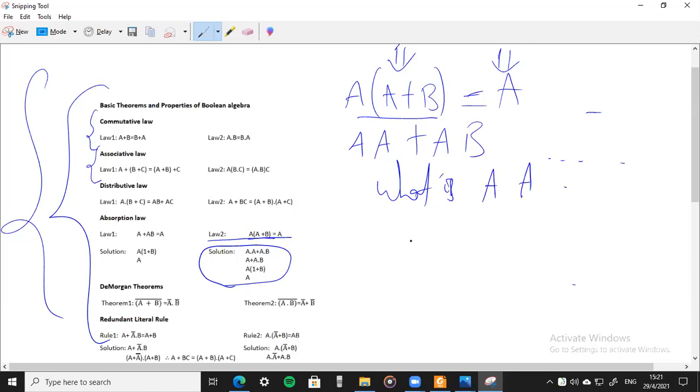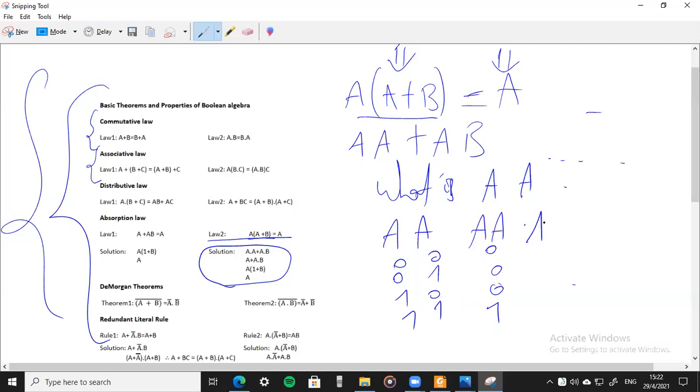If I have 2 inputs, A and A, and I provide a truth table: 0 times 0 is 0, 0 times 1 is 0, 1 times 0 is 0, then 1 times 1 is 1.